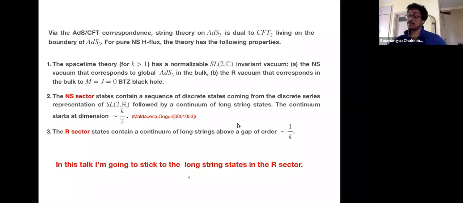It can be an NS vacuum that corresponds to global AdS3 in the bulk. It may also have an R vacuum, which corresponds to massless BTZ in the bulk.